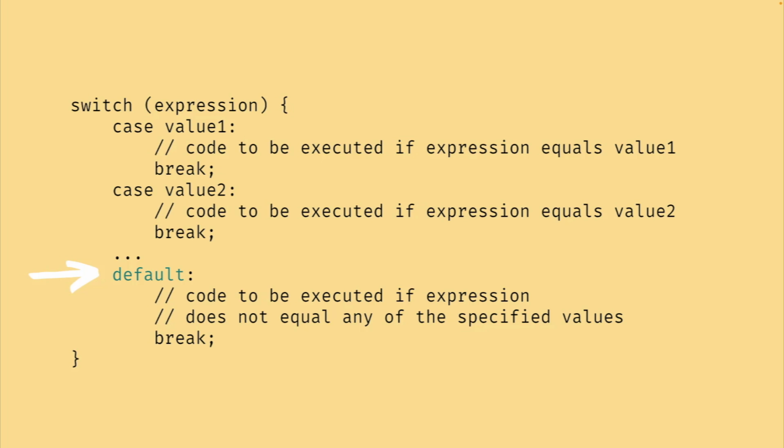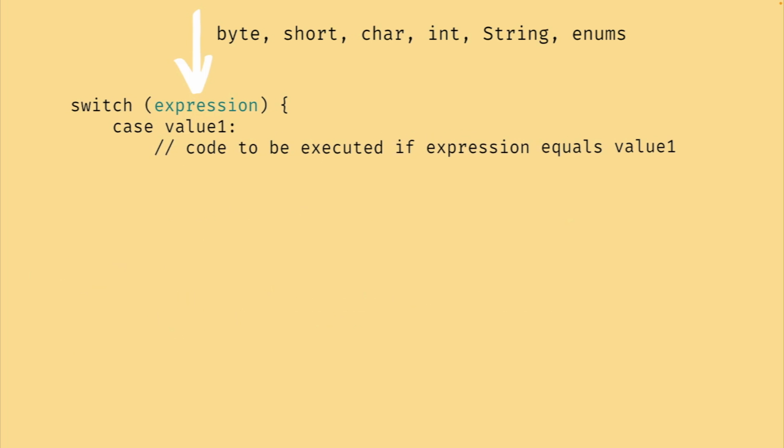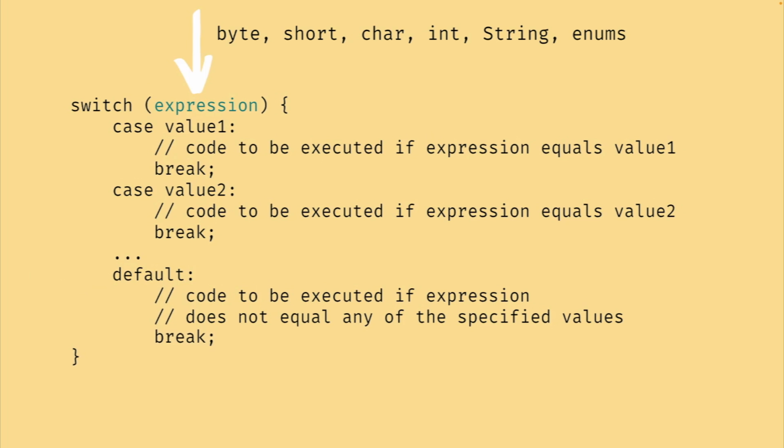It specifies the code to be executed if the expression right after the switch does not equal any of the specified values. The expression can be of a few specific types: byte, short, char, int, enums, string, and wrapper classes of the allowed primitives. So, Character, Byte, Short, and Integer.